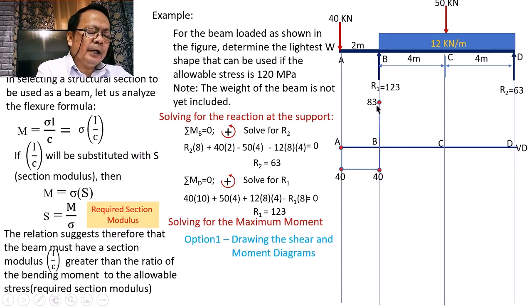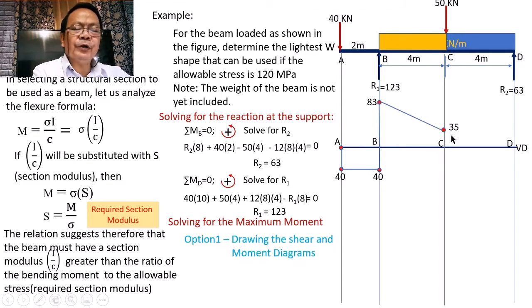From 83 hanggang sa C, mababawas siya ng total area, itong area ng uniformly distributed load of 12 multiplied by 4, and that is actually 48. Kaya from 83, ibawas ko yung 48. Anong matitira dito? 35. And how will this be connected? This will be connected by a straight line kasi ito ay horizontal. Straight line yan. Di ba? Then from 35, ibabawas ko itong 50. Ano matitira? Okay, nagiging negative 15.